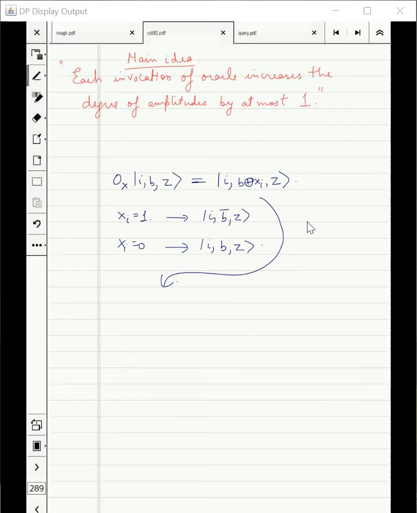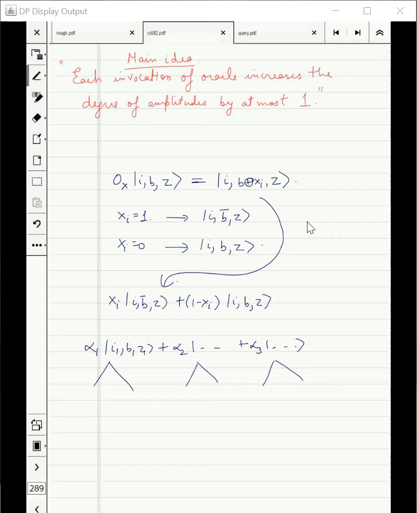Now, can I write this state as a function of x_i? x_i times |i, b bar, z> plus (1 minus x_i) times |i, b, z>. Now, if my state was alpha 1 |i1, b1, z1> plus alpha 2, something, something, alpha 3, and so on, each of them will split into 2 parts where the degree of alpha will increase by at most 1.